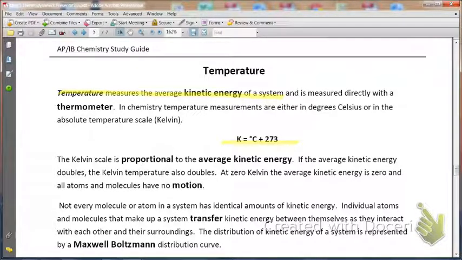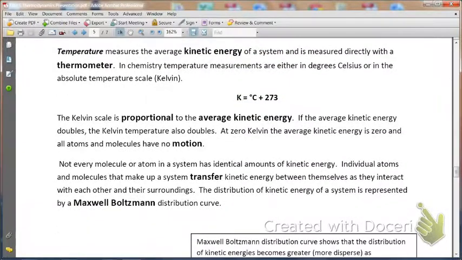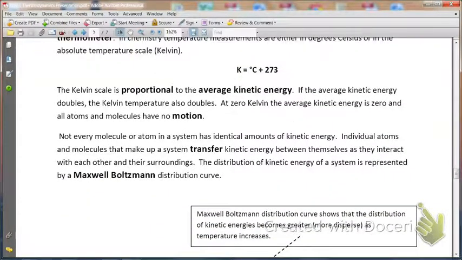At 0 Kelvin, the average kinetic energy is also 0, and therefore all atoms and molecules have no motion. Sometimes we'll refer to 0 Kelvin as absolute zero, because there's absolutely no motion occurring with atoms and molecules.